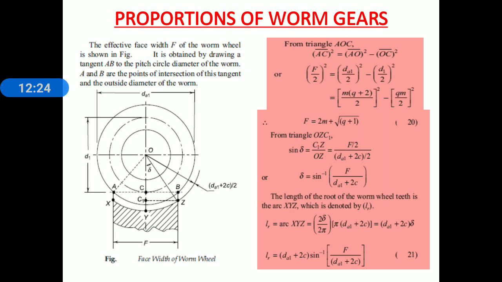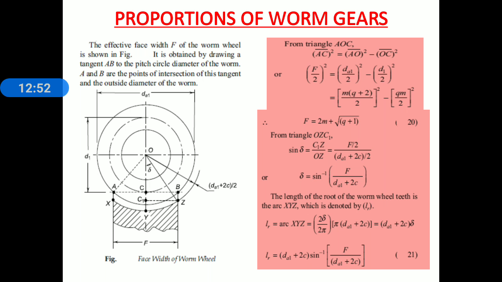Now next thing, this is very important. The length of root of worm wheel teeth is the arc XYZ, which is clearly shown in this figure. It is denoted by LR, small l suffix small r. LR is equal to arc XYZ.